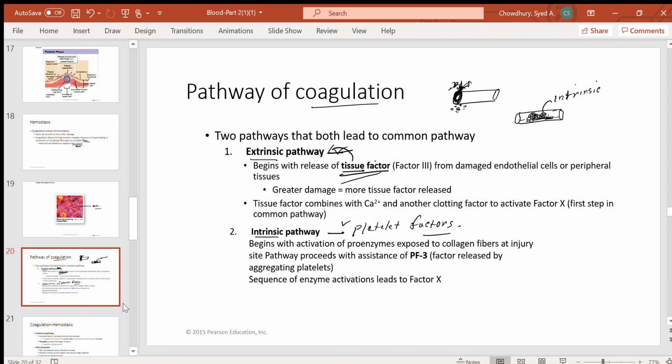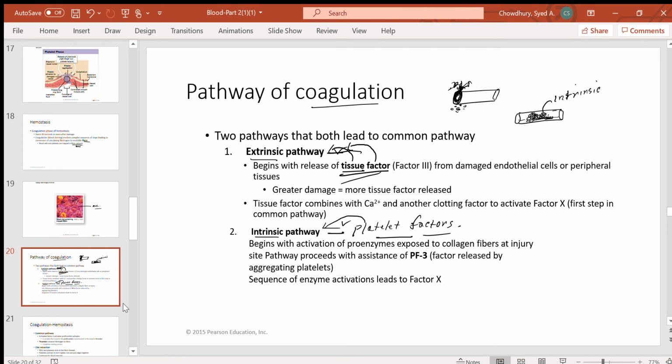Tissue factors trigger or initiate the extrinsic pathway of coagulation, and platelet factors will initiate or trigger the intrinsic pathway.